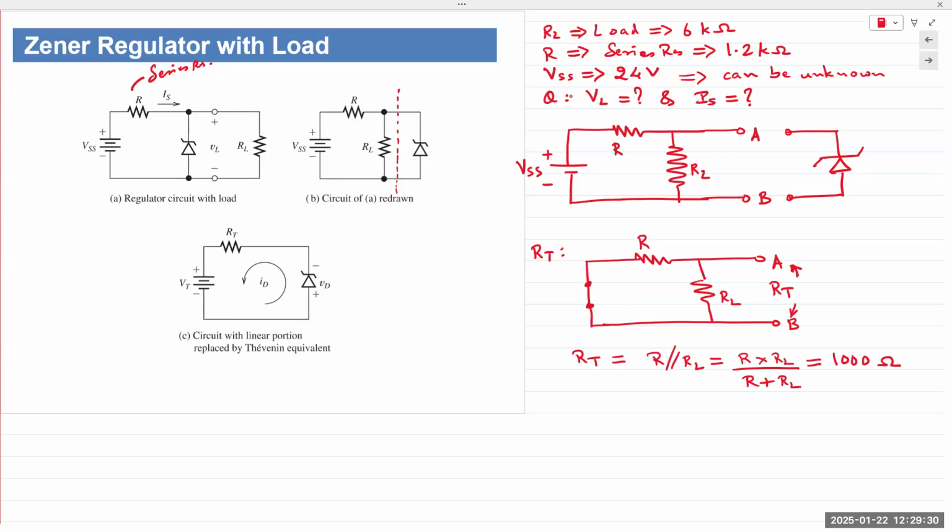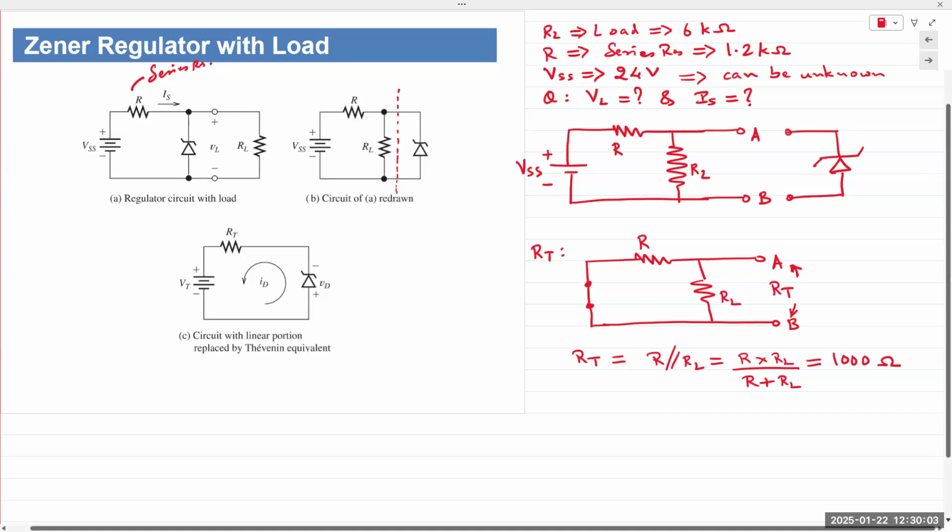Or the value of R could be given, and we would be asked to determine the minimum and maximum values for RL that can be placed in the circuit. The solution that we are doing in class right now, we are given R, we are given RL, and we're asked to find the output voltage and the current IS. And at the end, I will do an example where we can determine the maximum range of the supply voltage.